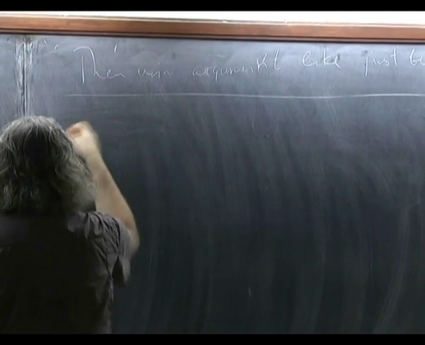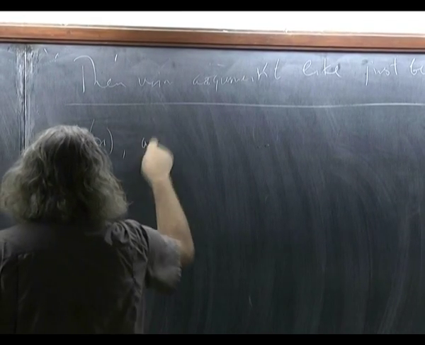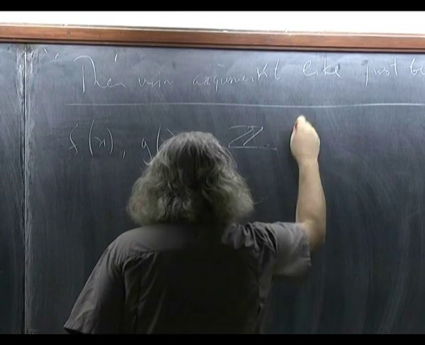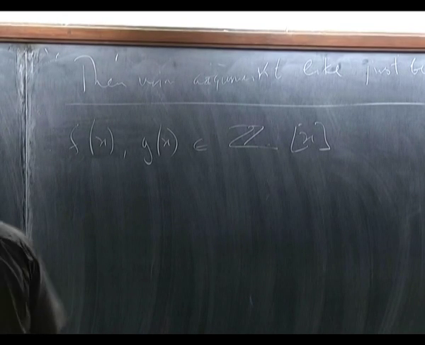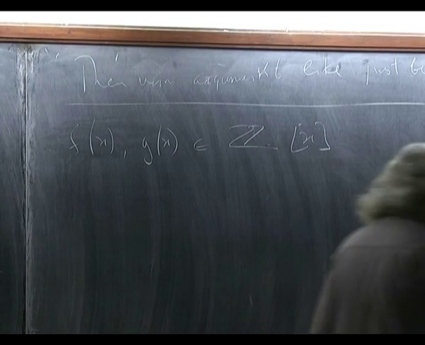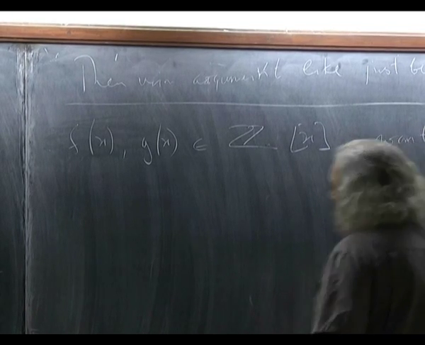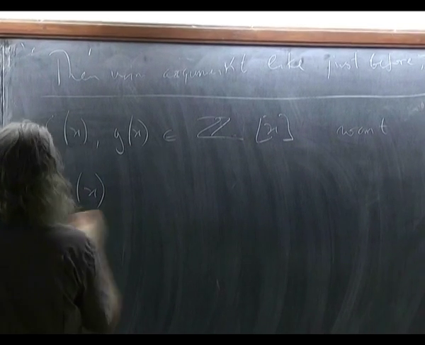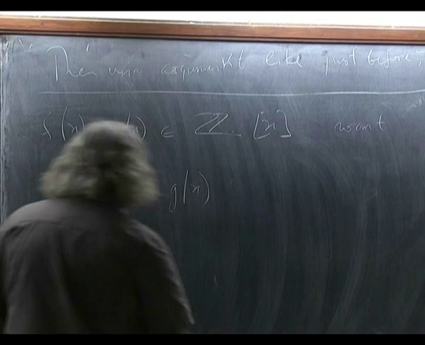Let f of x, g of x be two polynomials in integers. And we want f of x minus alpha g of x.